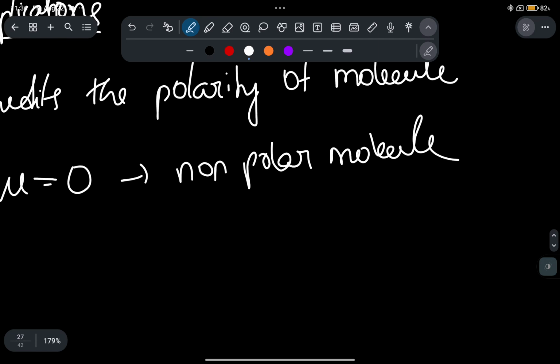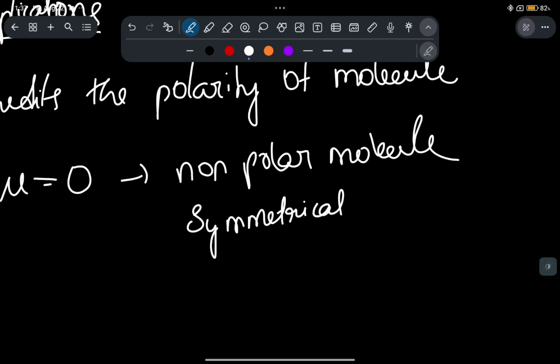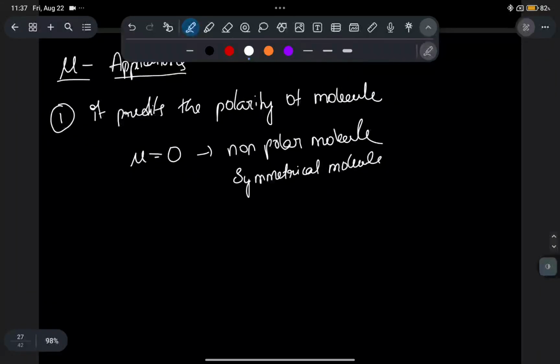If it is a non-polar molecule, it is a symmetrical molecule. Symmetrical means there is no lone pair in the molecule, exactly symmetrical, with the general shapes you see in hybridization, like tetrahedral and trigonal planar.